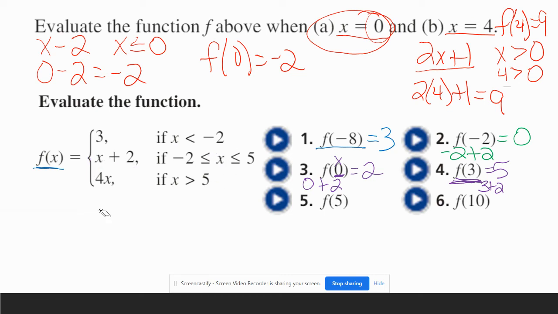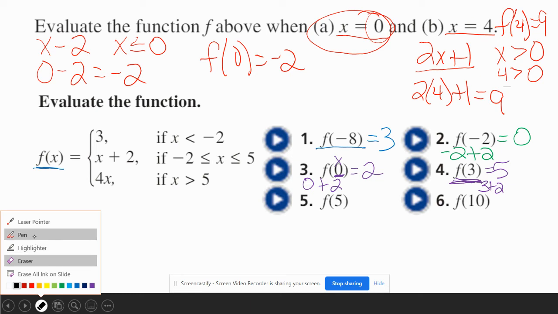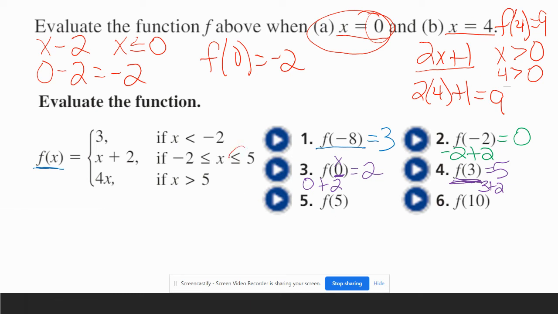F of 5. So where does 5 fit into all of these restrictions? Well, I have an equal to 5 right here. So I'm still using the same equation. We plug in 5 for x. So 5 plus 2 gives us an answer of 7. When I plug in 5, the answer is 7.